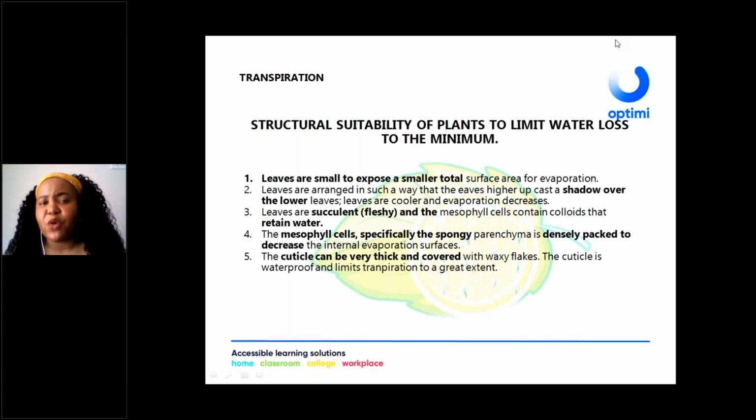It's just that the process of breathing in plants is referred to as transpiration and not breathing per se. Plants release that water every time they breathe, but it's not visible. It's an invisible process. So in order for you to see the amount of water that is being lost, you'll have to have some sort of experiment.